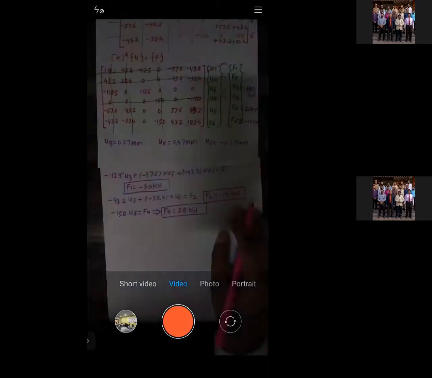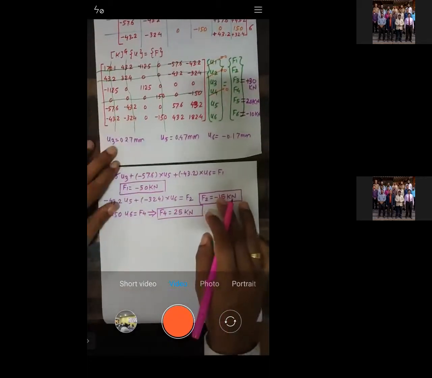We will get F4 as 25 kilonewton. Simple calculation, right? F4 we will get.